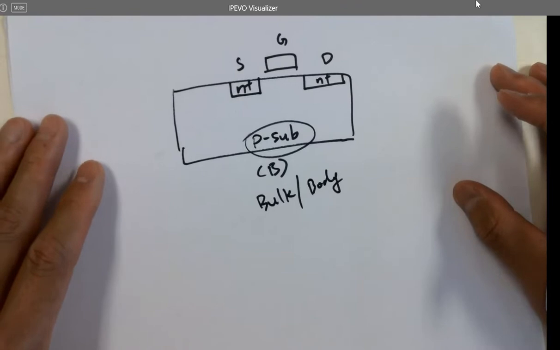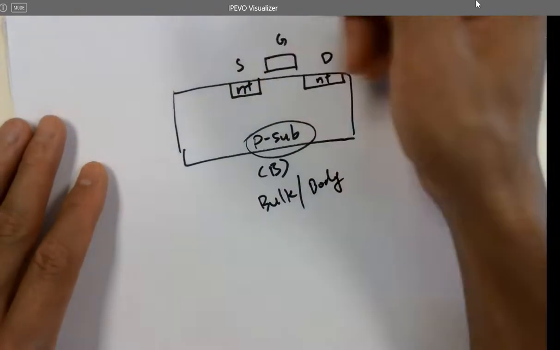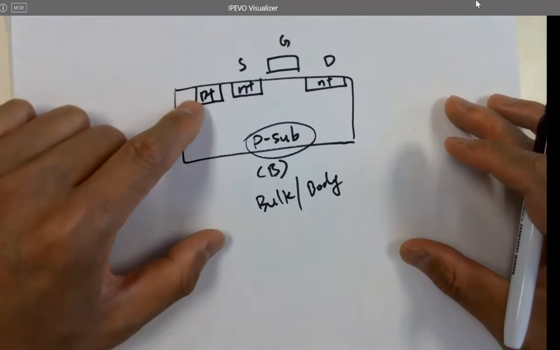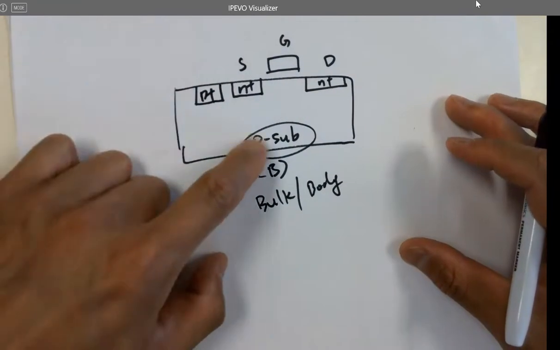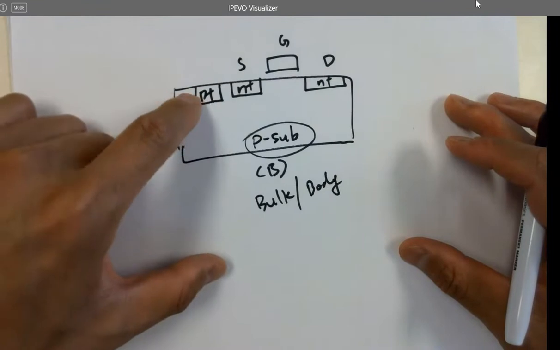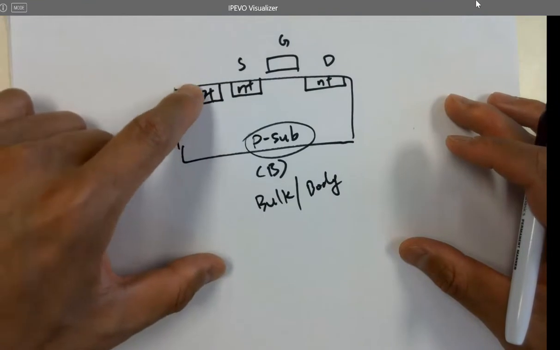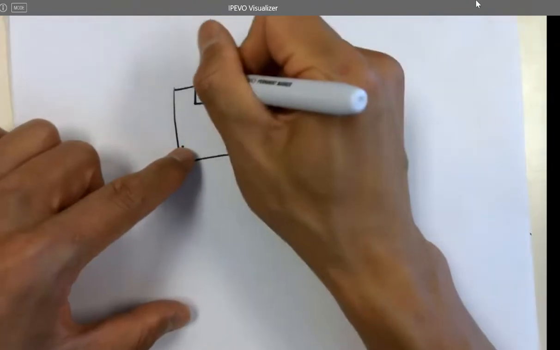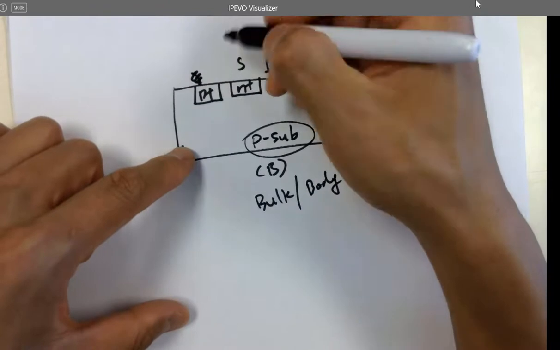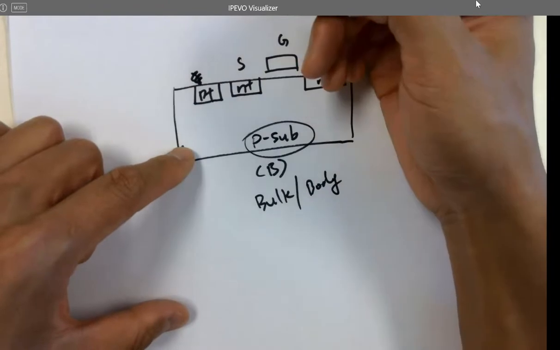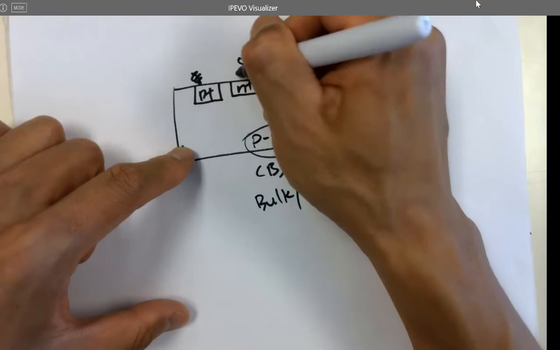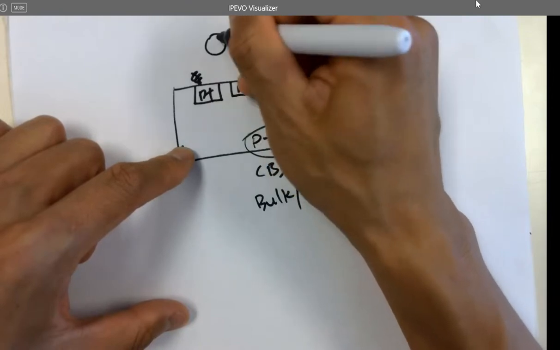Okay, so here's a P plus. Remember I just told you guys how to connect this substrate to somewhere else. You need a little contact. So the P plus implanted in here is shorted to the P sub, so you can connect this one to anywhere else, right? And if there's a voltage difference from here to here, it's called VSB.